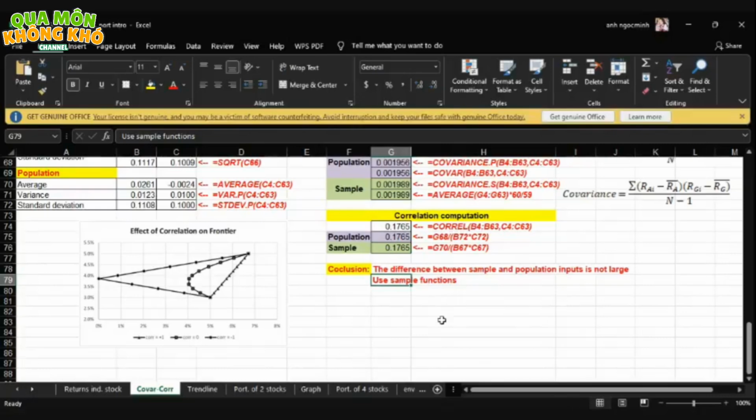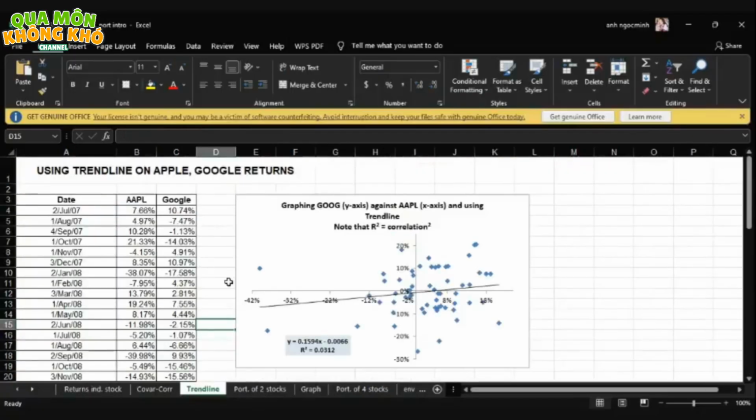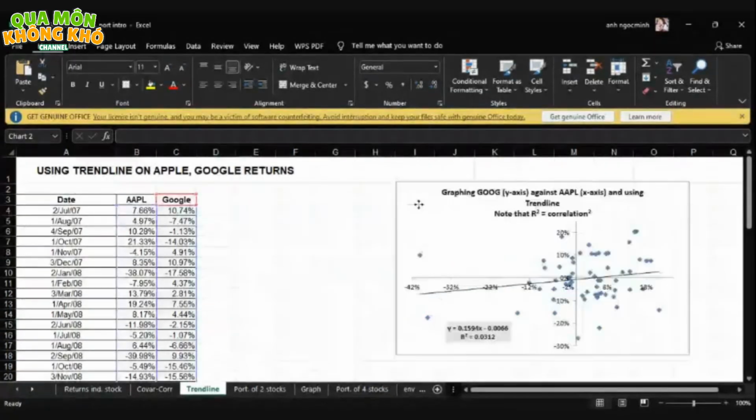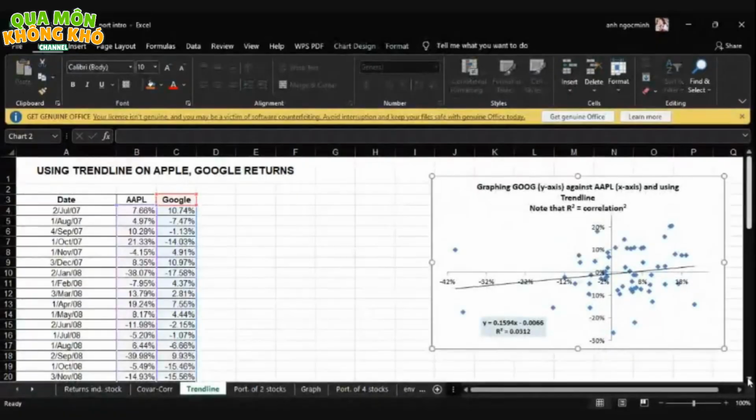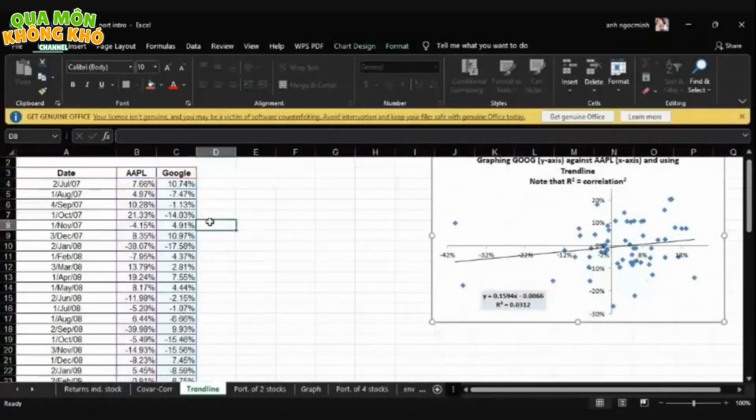In this example, we can see that the correlation equals 0.1765, which is positive, and I would like to demonstrate this relationship in a graph.